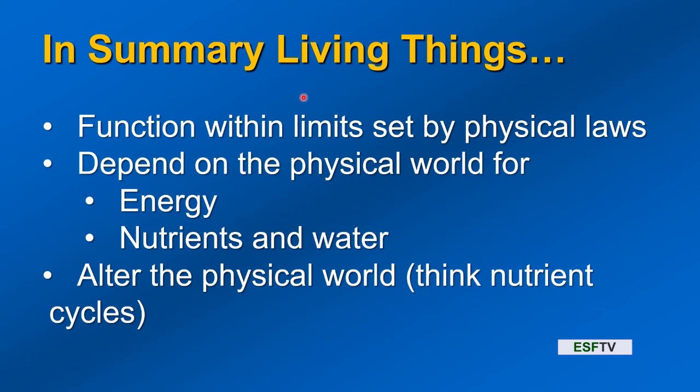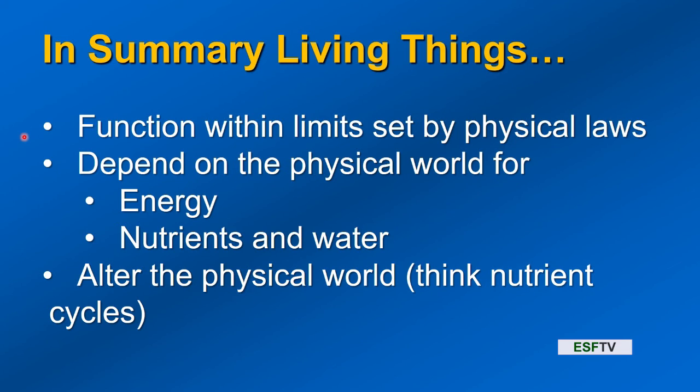All right. So in summary, for the living things portion of this lecture, all living things function within the limits set by physical laws. I didn't dig into that a whole lot, but that's in the chapters, and you want to look at that. We all depend on the physical world for our energy and our nutrients and water.